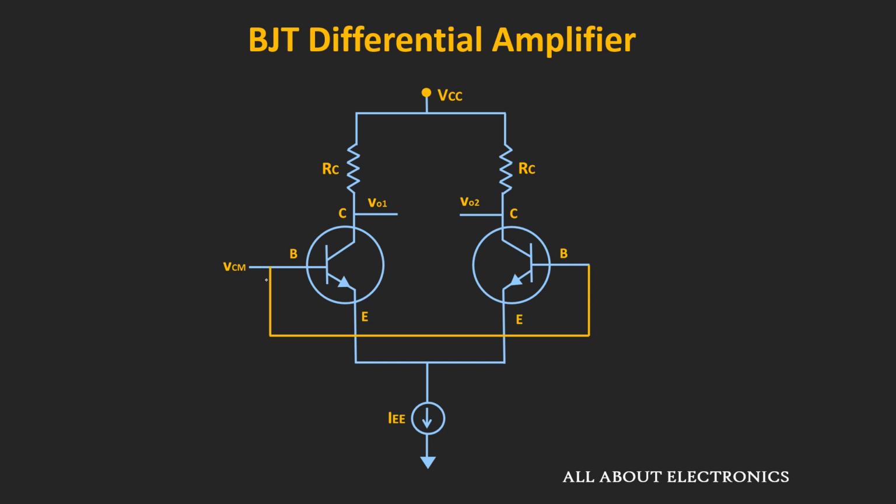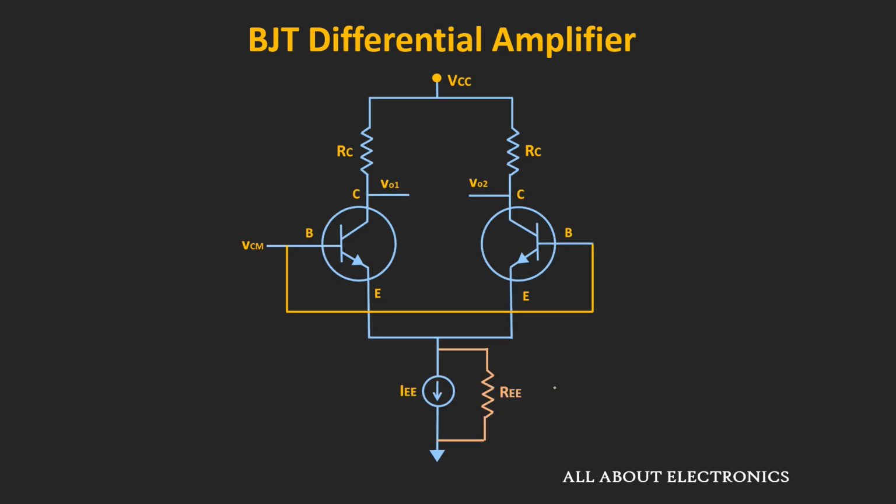And even if this common mode input signal changes, then also there won't be any change in the VO1 and the VO2. But that is only true if this current source is the ideal current source, or in other words, when the output impedance of this current source is infinite. But if this output impedance is finite, then the output voltage VO1 and the VO2 will respond to the change in the voltage VCM.